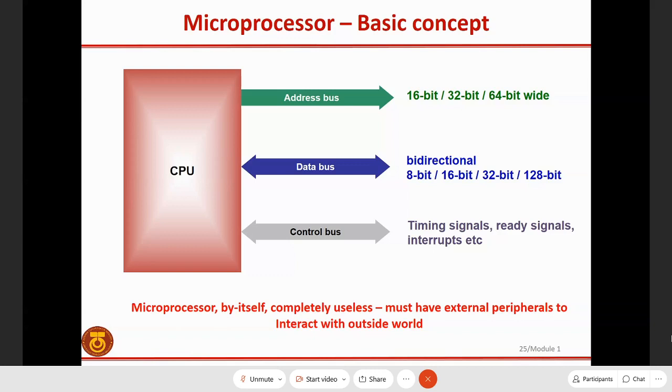Okay, as for the control bus. The control bus is, what do you call it, meaning that when the CPU wants to access number 2 Jalan Pulai Indah 5, all the other memory locations must be locked.